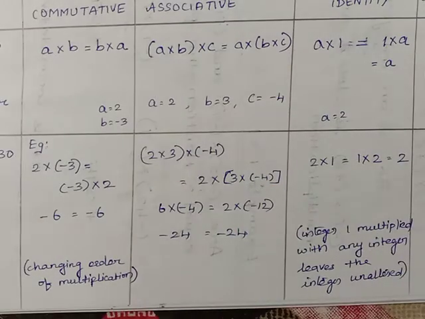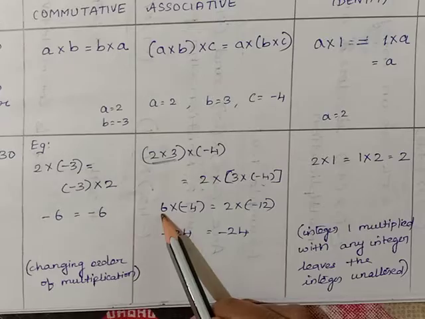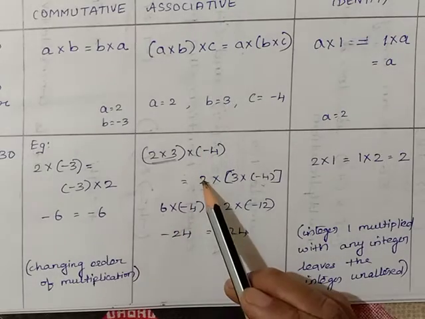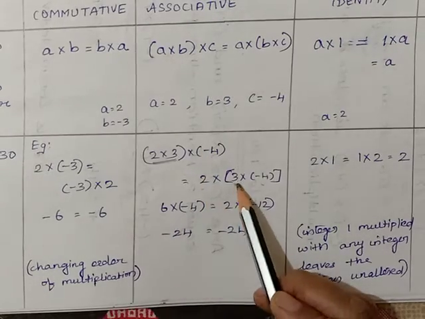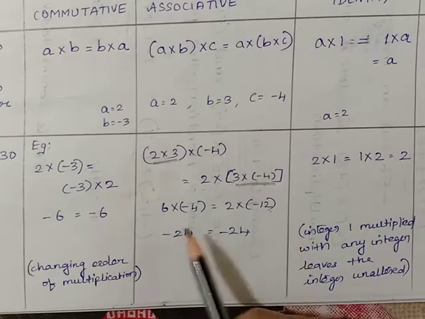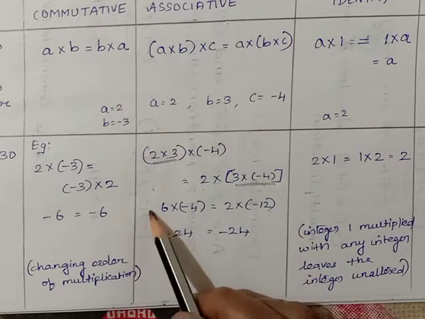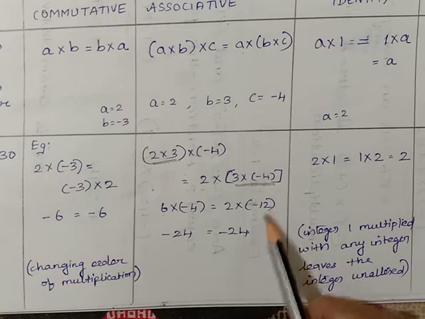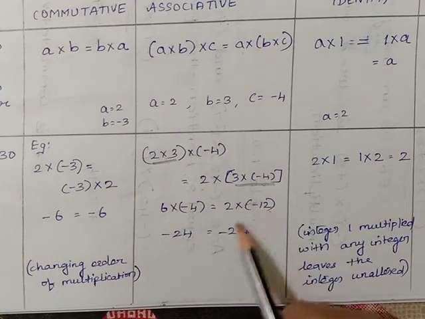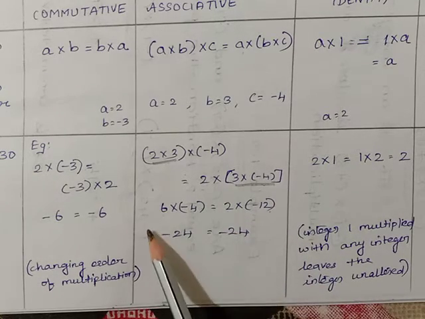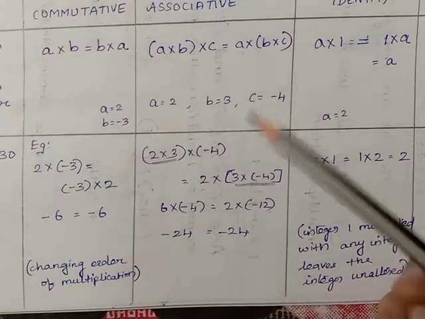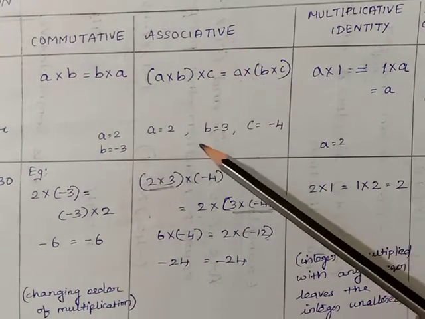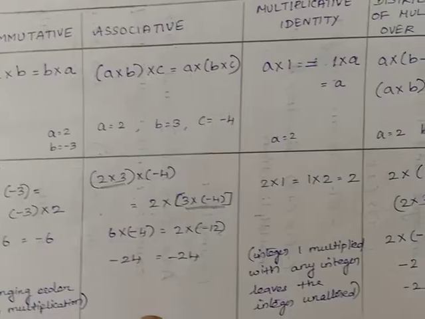First we'll solve this one. 2 into 3, 6 into minus 4 is equal to minus 24. 6 4s are 24, plus into minus is minus. 2 into 3 into minus 4: 3 4s are 12, 2 12s are 24, plus into minus is minus. So right hand side is equal to left hand side. Therefore, associative property is satisfied in multiplication.